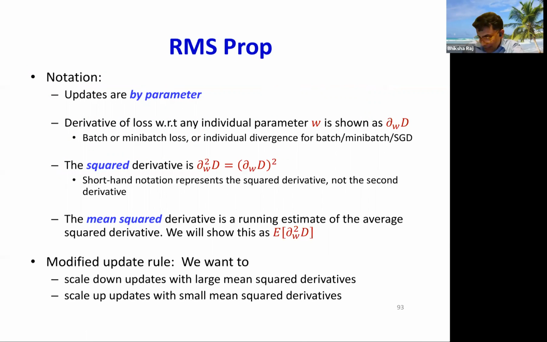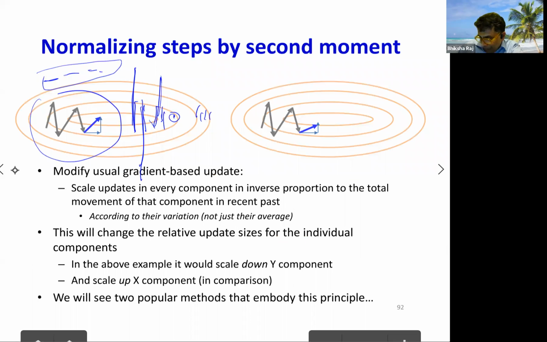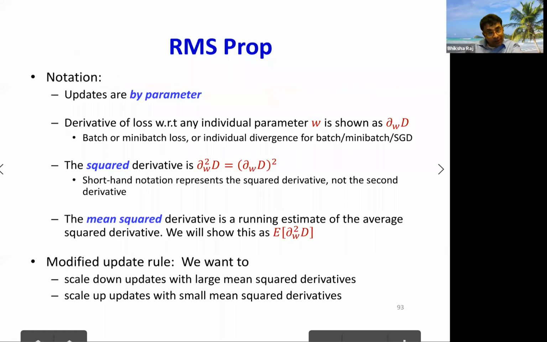The positives and the negatives don't cancel out. The problem with the average is that the average lets the positive movement and the negative movement cancel out. The root mean squared value is just going to effectively take the magnitudes of these, and so they don't cancel out. And so in directions where the RMS value is very high, you're going to try to reduce the step size. Where it's low, you're going to try to increase it.